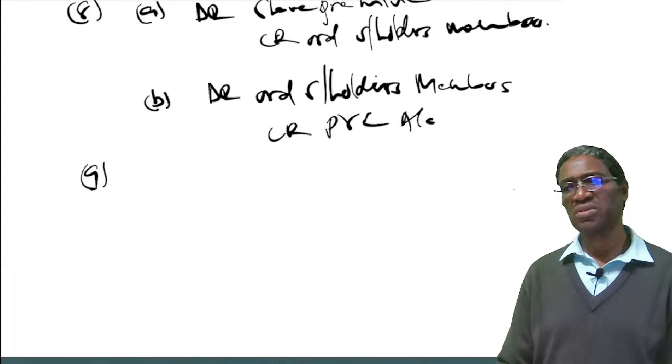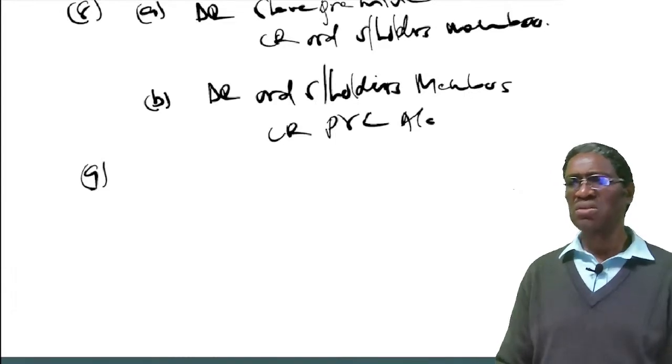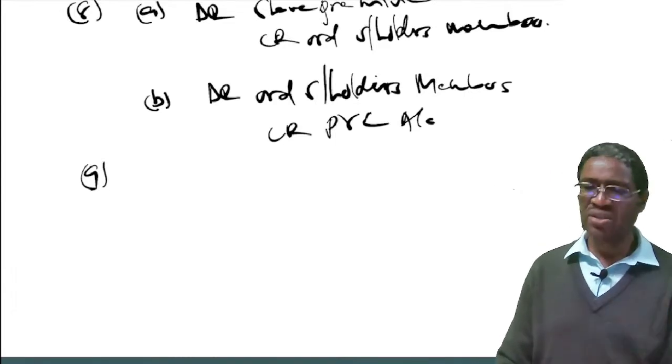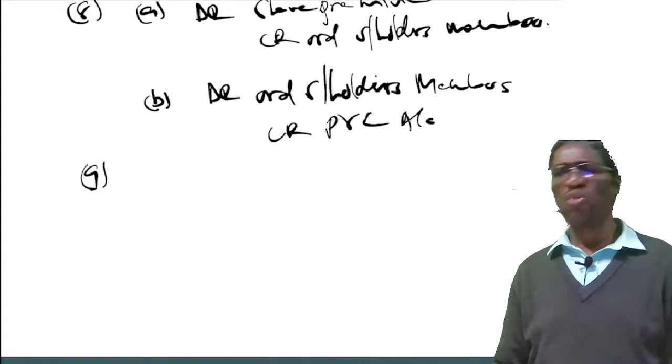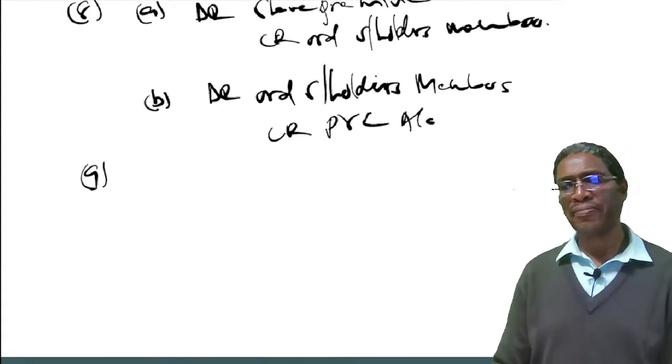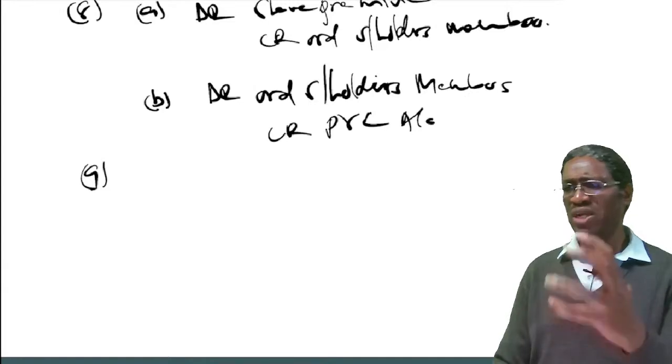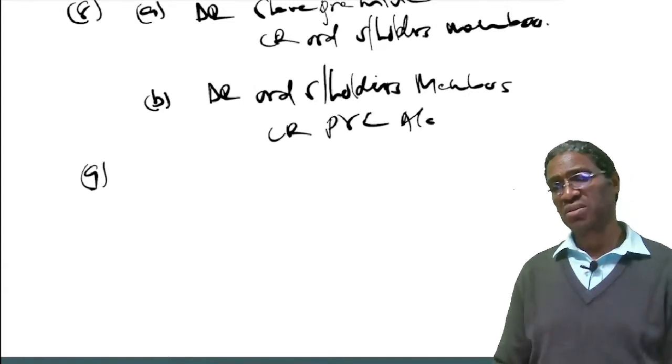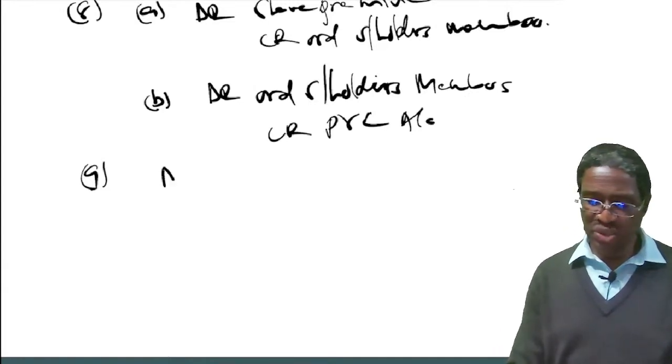E.g. goodwill, patents, copyrights, those ones. In most cases, they are normally in form of intangible assets. So we are transferring them.